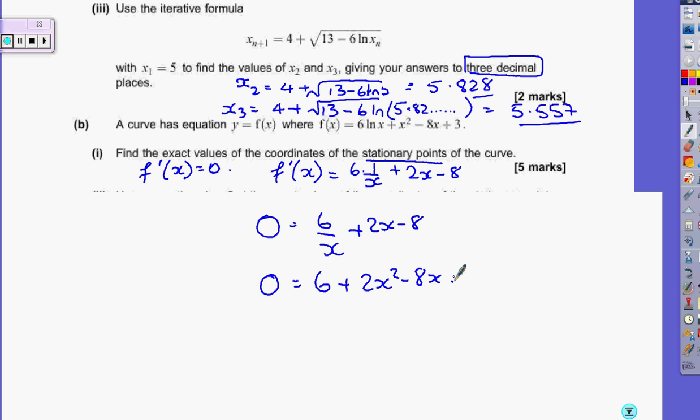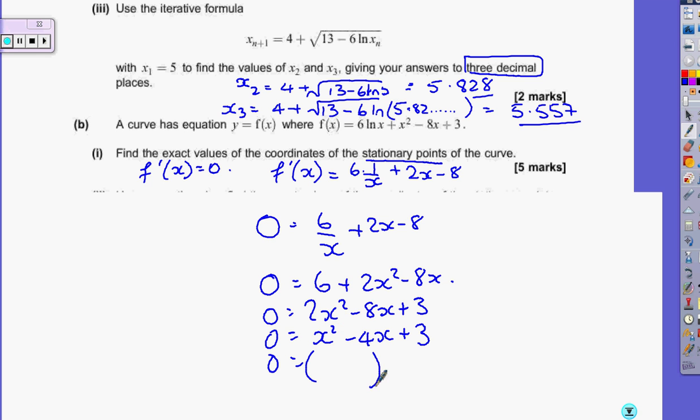And then you obviously need to solve that. It's probably easier if we simplify it, because the bigger the numbers are, the harder they are to work out. Which leaves me with x equals 1 or x equals 3.